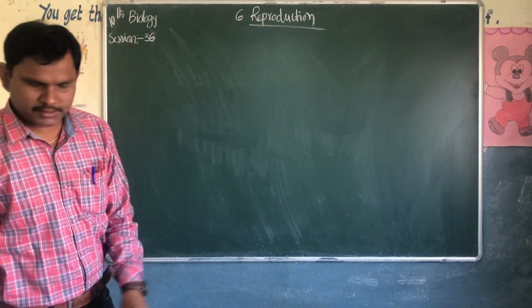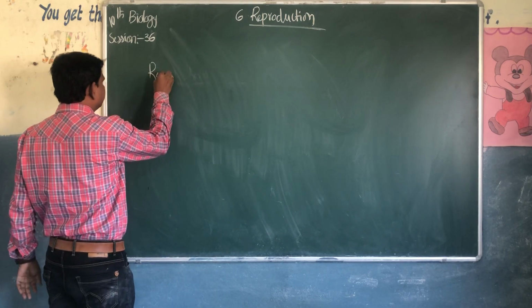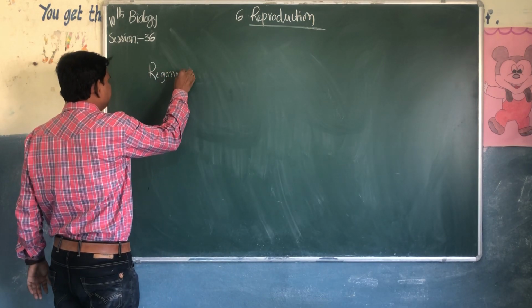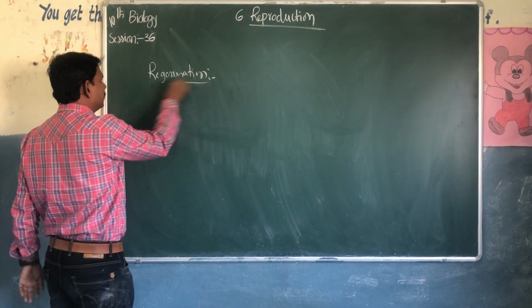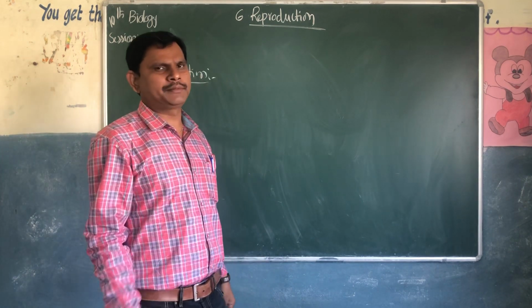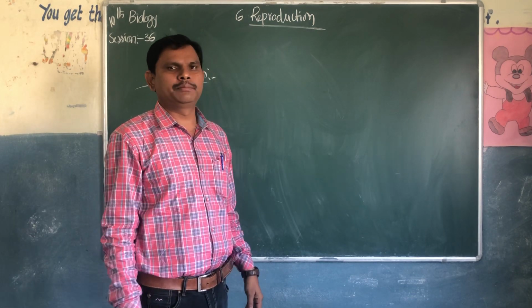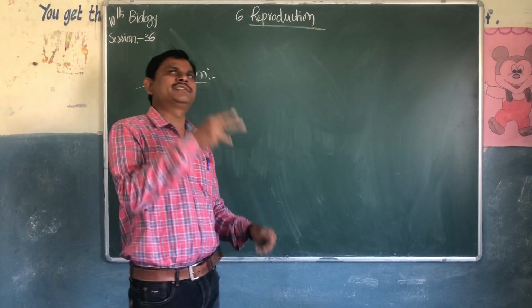So next one is, what is regeneration? For some animals, if you cut any part of the animal body, it will grow independently, not depending on the parents. For example, the lizard.